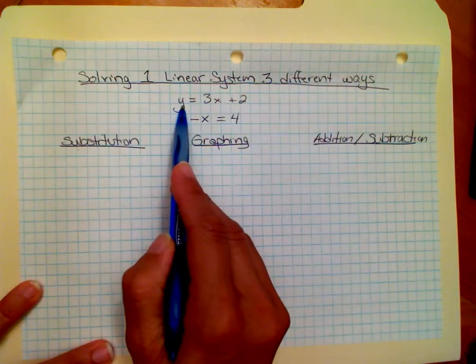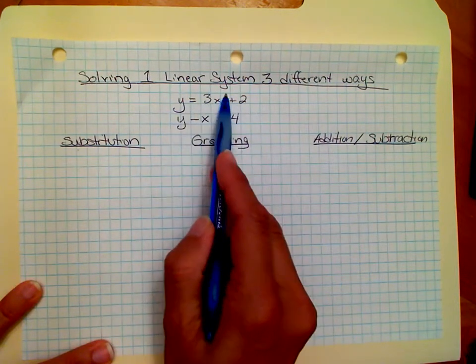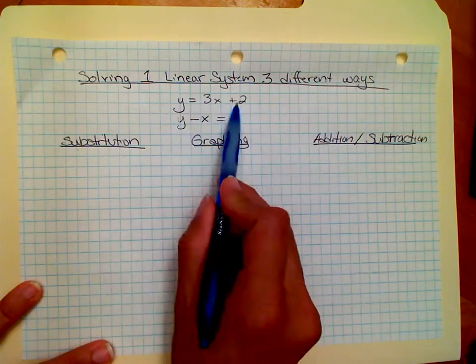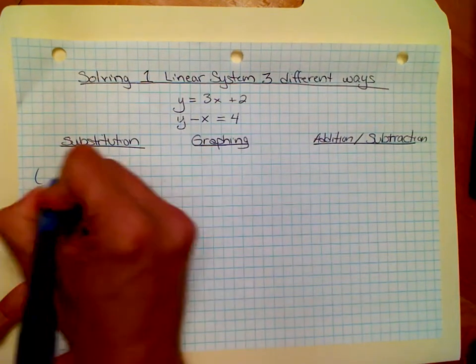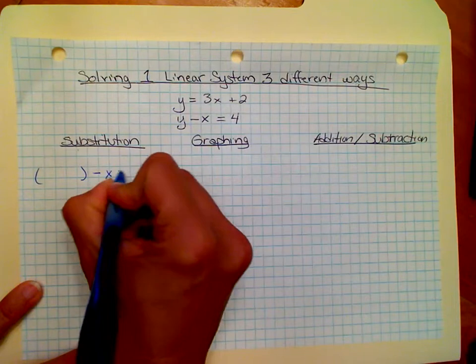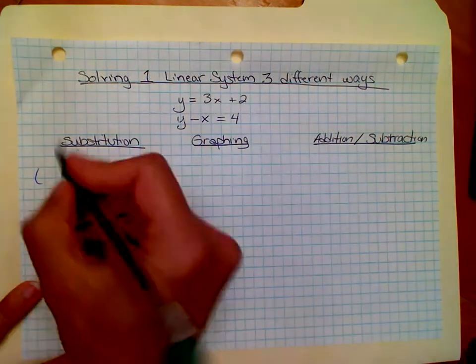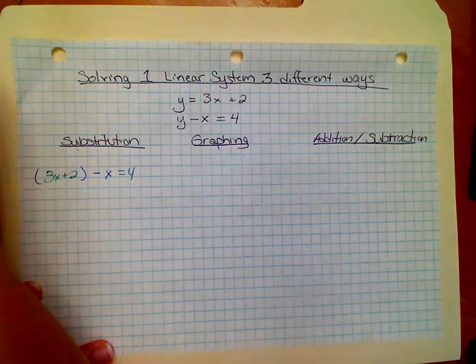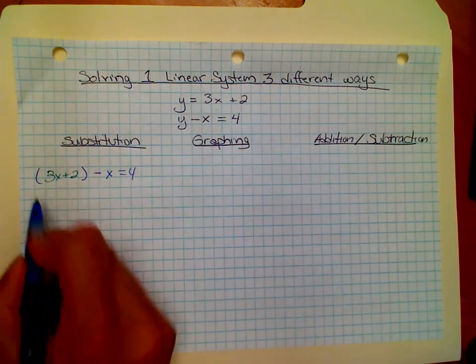This variable is all alone, the y equals 3x plus 2. So what I'm going to do is rewrite this equation without the y, and I'm going to put 3x plus 2 in for y. So there's my y minus x equals 4. And y, again, is 3x plus 2. So now I'm going to simplify.